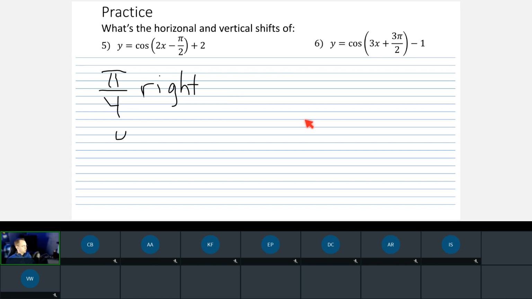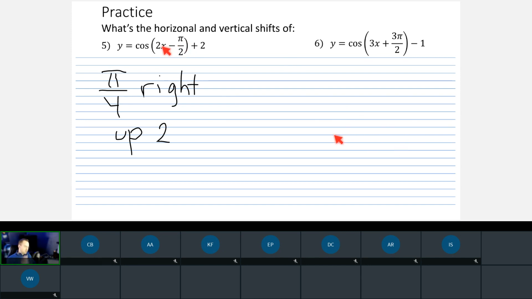All right. Did everyone get pi over 4 to the right? All right. And how did we get pi over 4? What math did we do? C divided by k. Very good. So we took pi over 2 and we divided by the k value, which is 2.